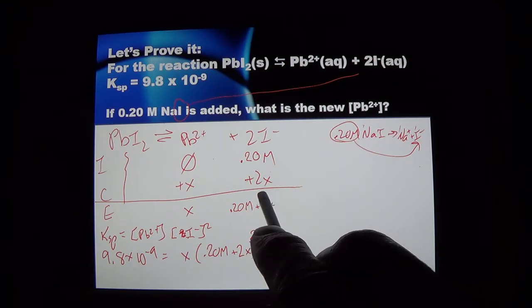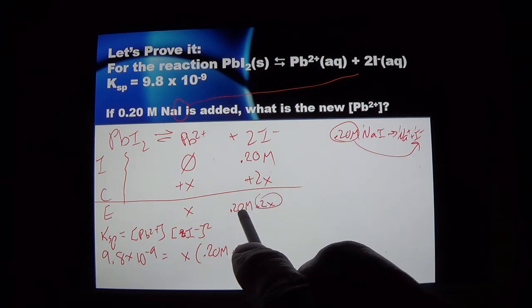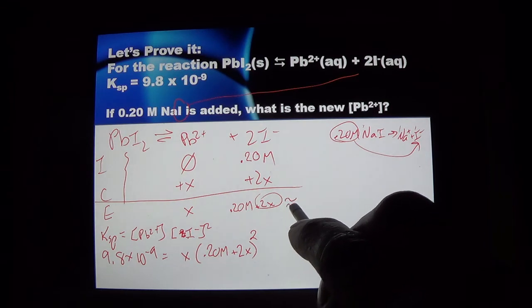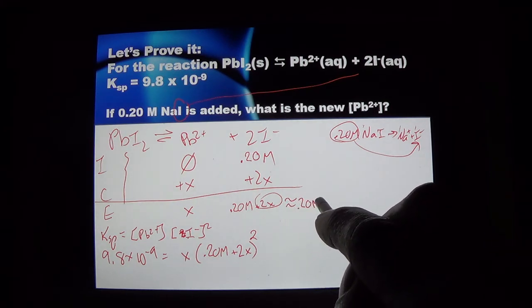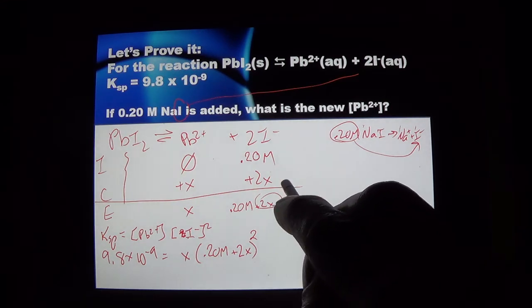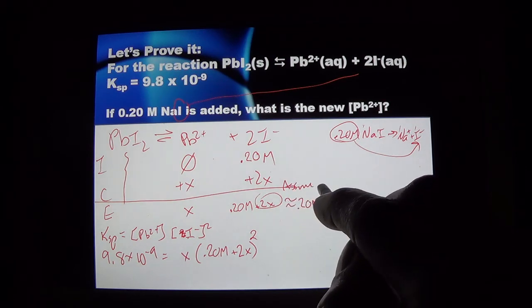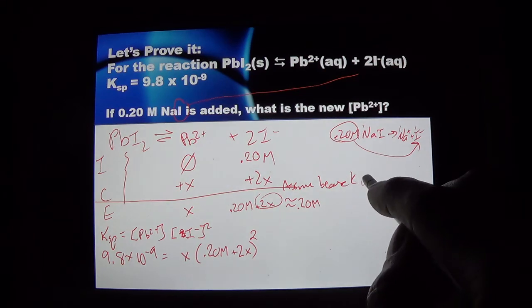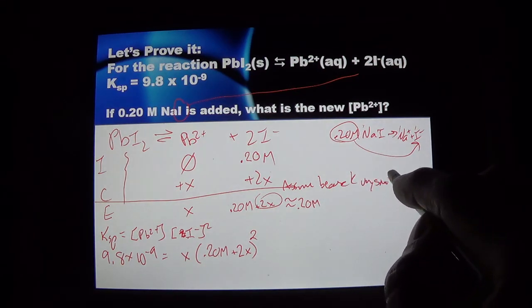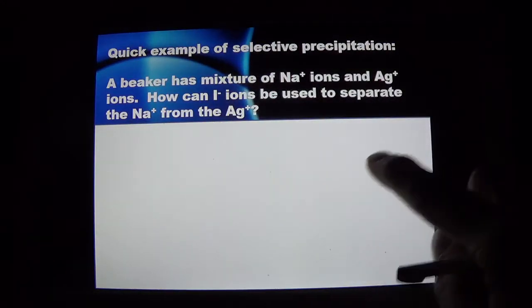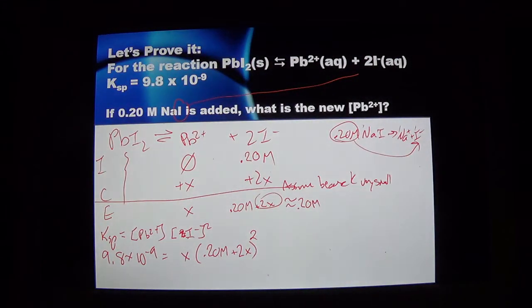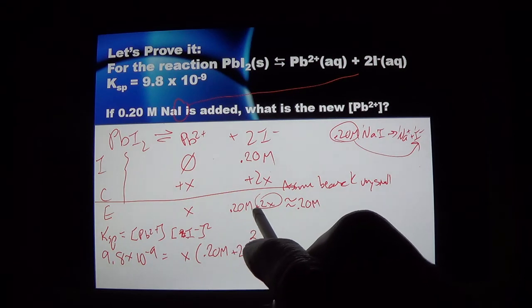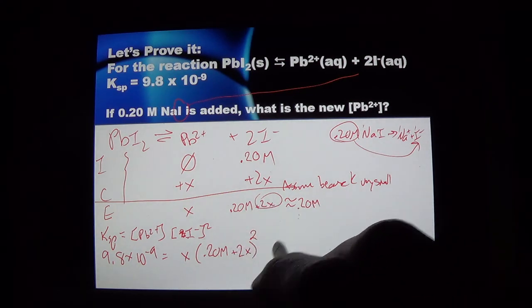Meaning this little bit here added to that is still going to approximately be 0.2 molarity. Okay, so this is where I would assume, because K is very small, make a statement somewhere. And yes, let's jump 2 screens ahead. There we go. Assume because K is very small that 0.20 molarity plus 2x is approximately 0.2 molarity.